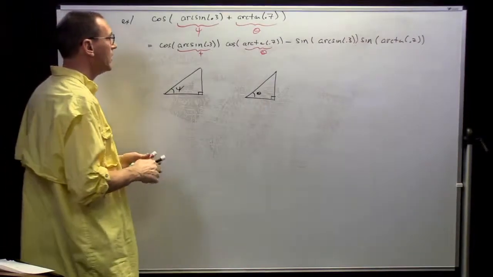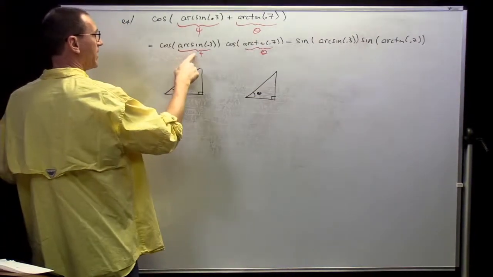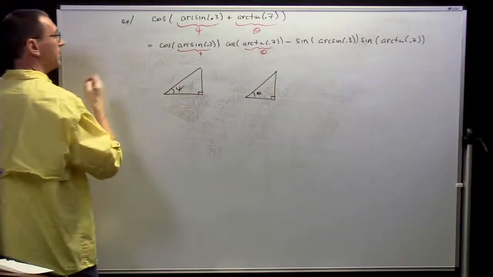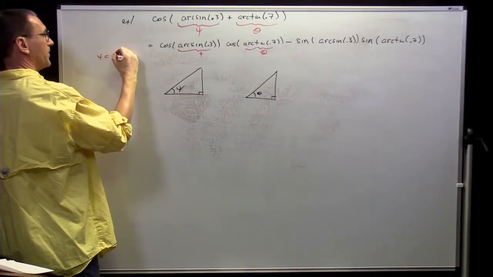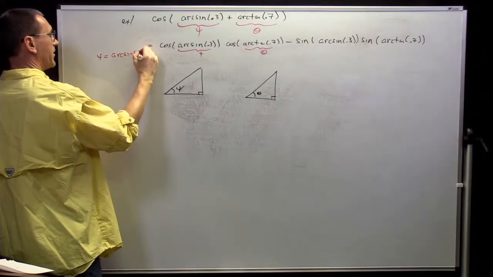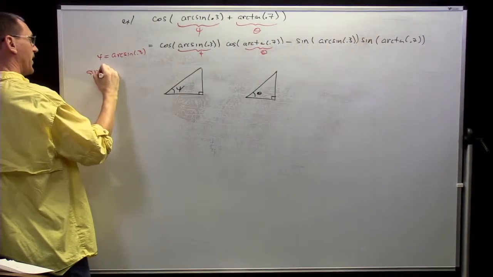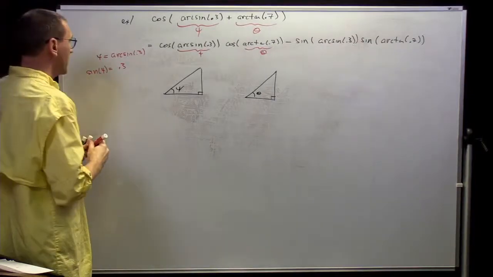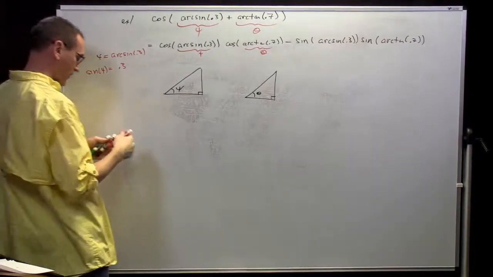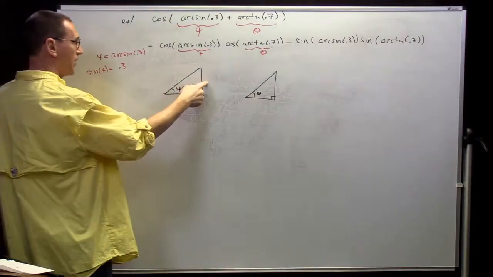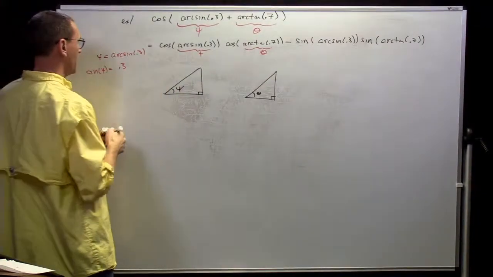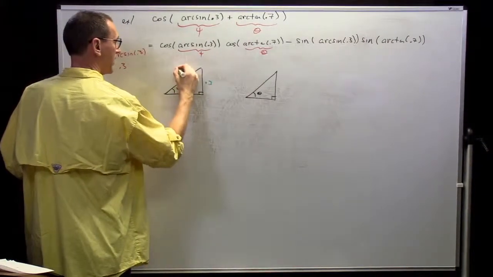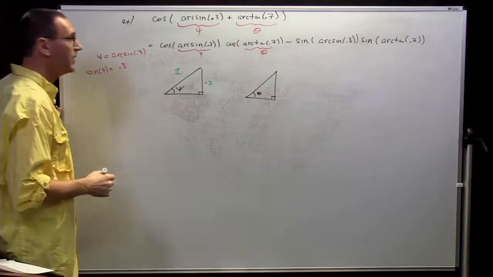And what do I know? I know that if psi equals arcsine of 0.3, if I take the sine of both sides, sine of the arcsine is 0.3. So I know the sine of this angle is 0.3. That sine is opposite over hypotenuse, so I'm just going to call this 0.3, and I'm going to call that 1.